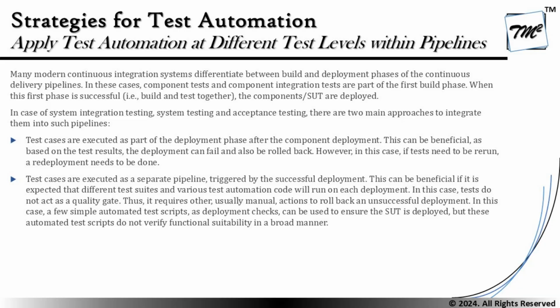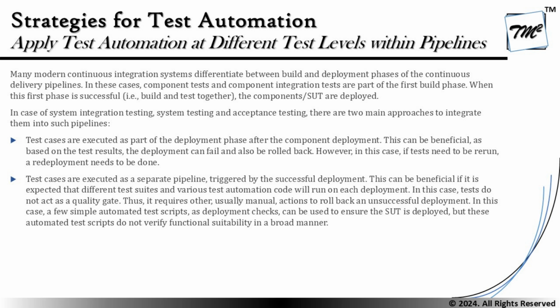So let's continue further, and the next thing we are talking about is an extension on the same. Many modern continuous integration systems differentiate between build and deployment phases of the continuous delivery pipeline. In these cases, the component test and component integration test are part of the first build phase, and when the first phase is successful, that is build and test together, the components or SUT are deployed.